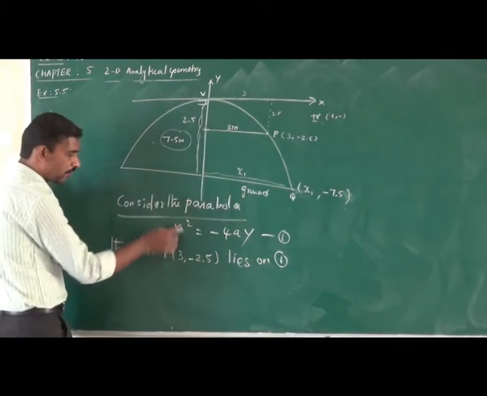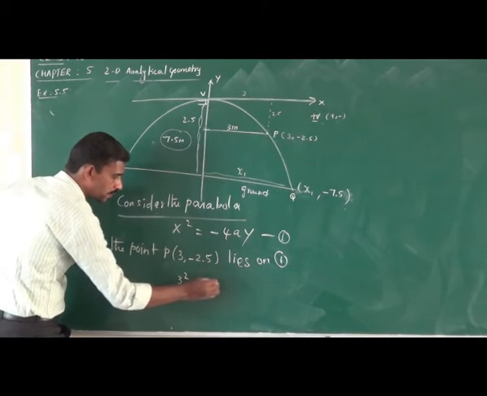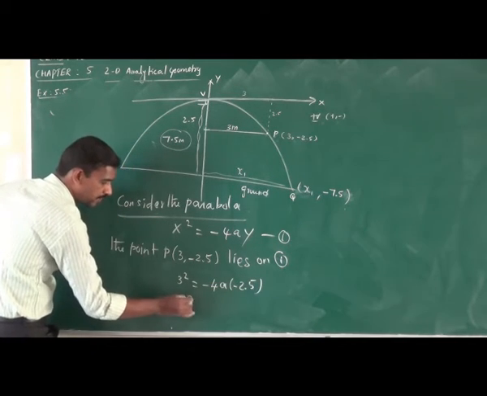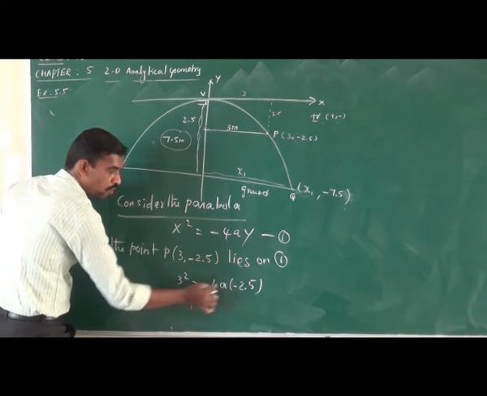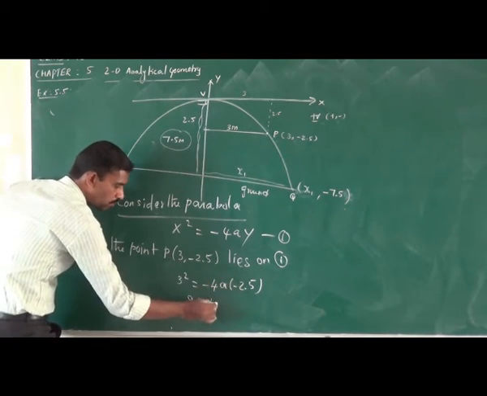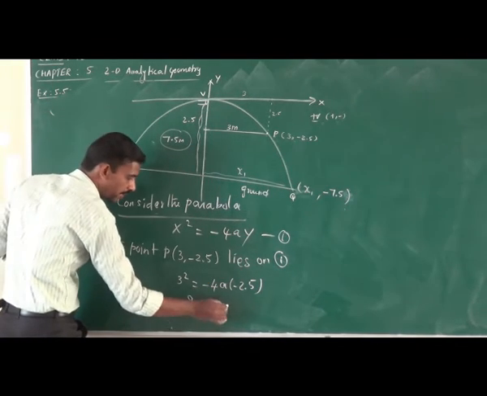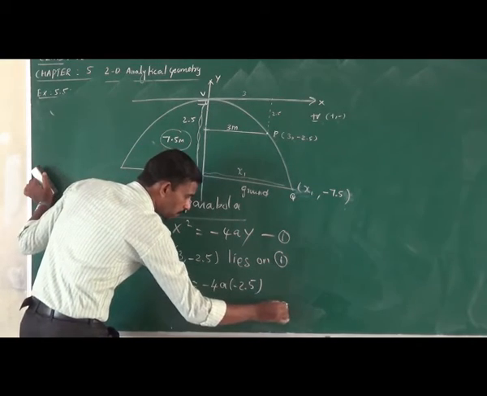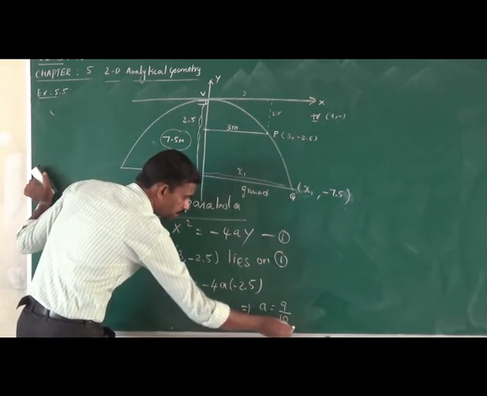So substituting the values here, 3 square is equal to minus 4a into minus 2.5. 3 square is equal to 9. 9 is equal to 4 into 2.5 is 10, so minus and minus is plus. So here 10a. Otherwise, we can find a is equal to 9 divided by 10.